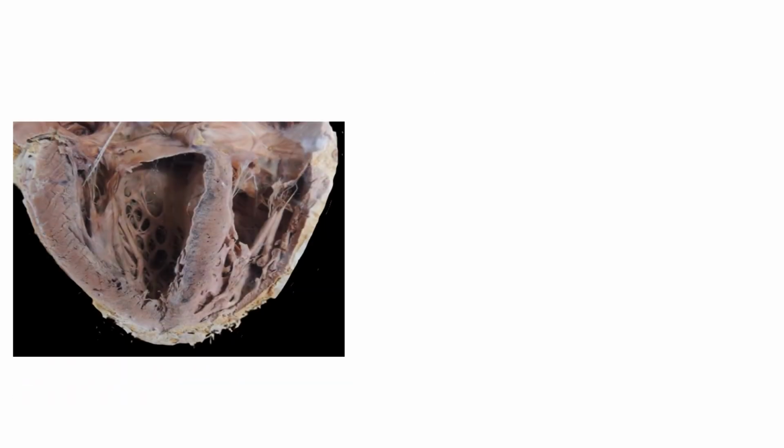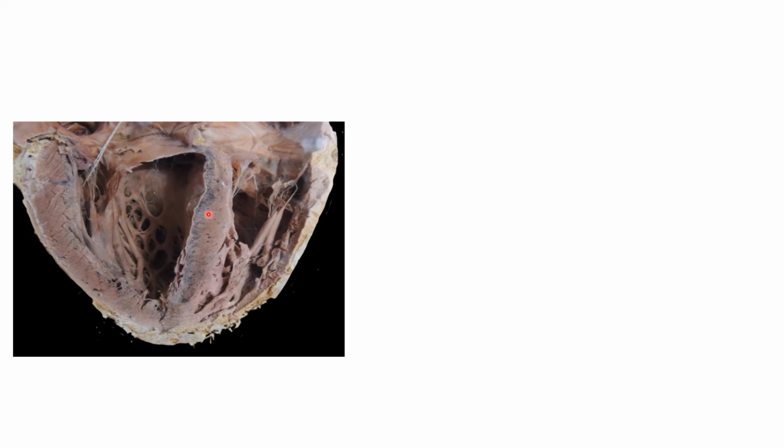This is another specimen from the institute where it is cut, and we are seeing it from the posterior aspect. So here this is the left ventricle with its thickness, and this is the right ventricle, and these are the trabecular muscles.